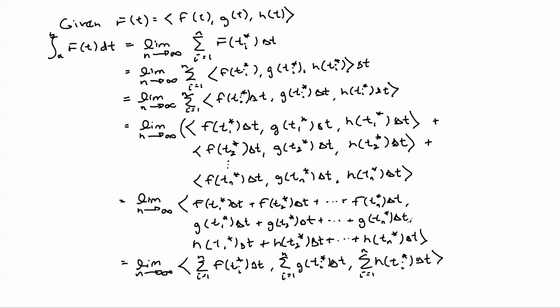Okay, and then we're almost there, and it looks like maybe it's going to fit. So the last thing is, how do you take the limit of a vector function? You take the limit of the components.